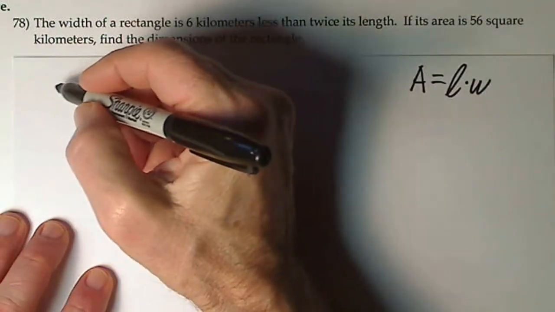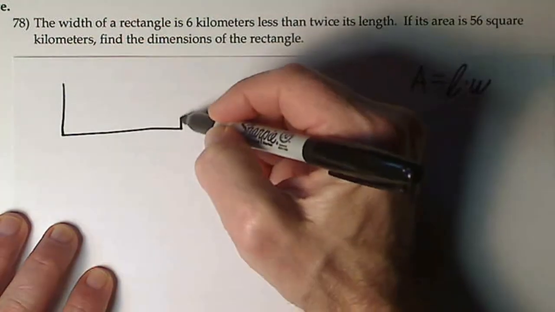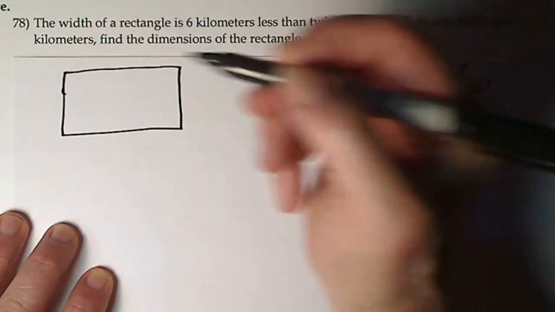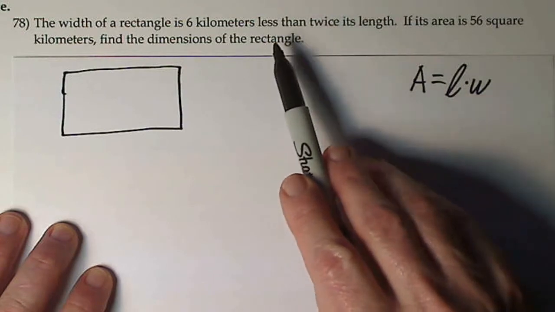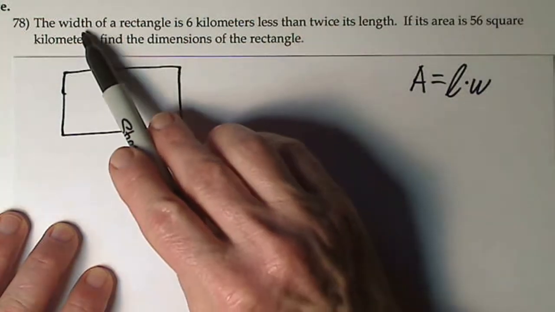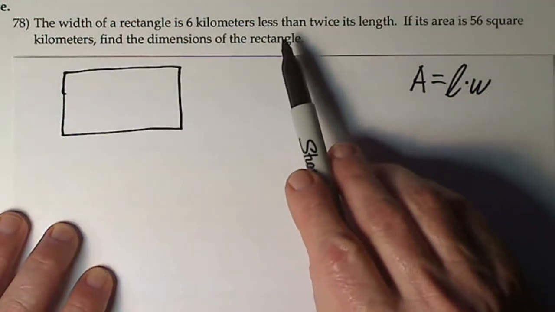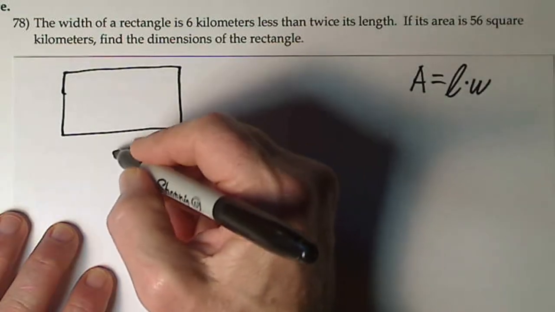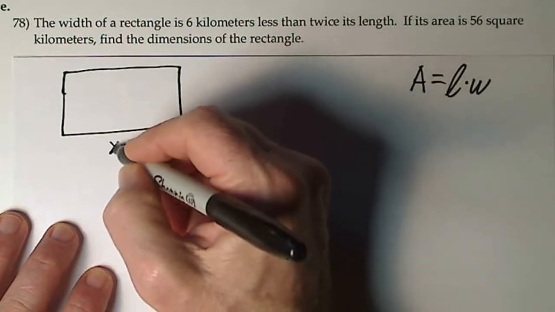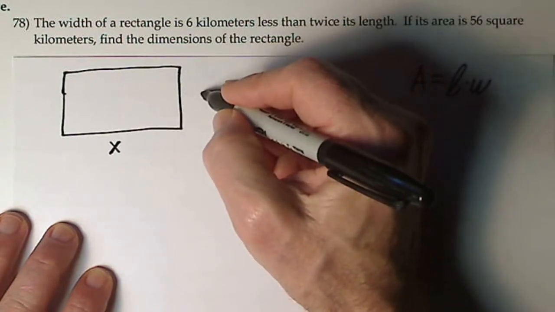So our rectangle, let's take a look at it. The width is described in terms of the length. So you use the same variable for length and width. Each one we'll say is an x.